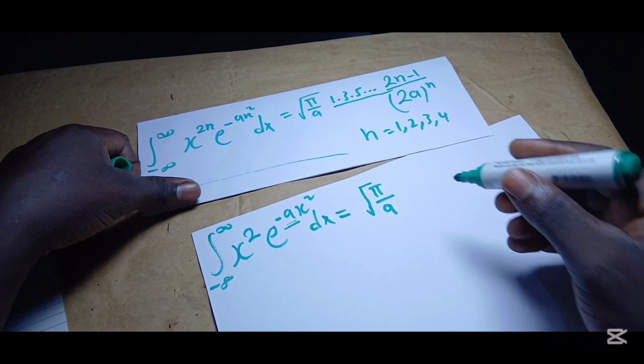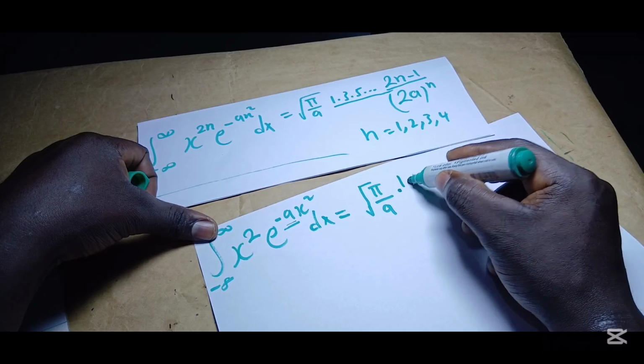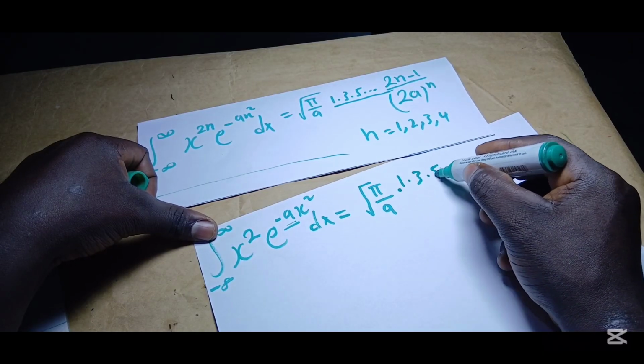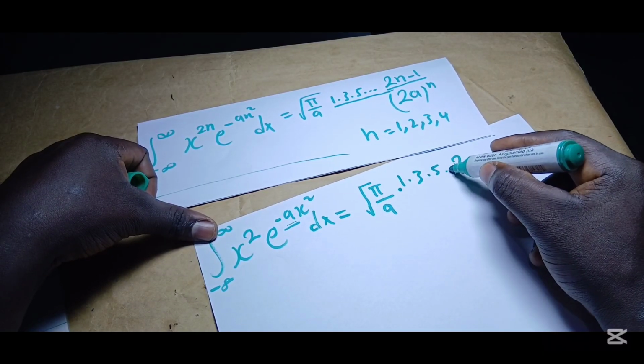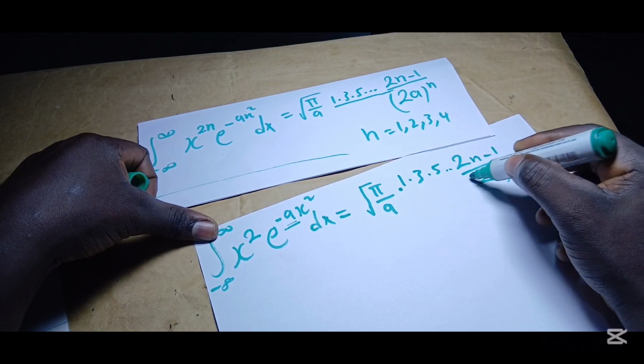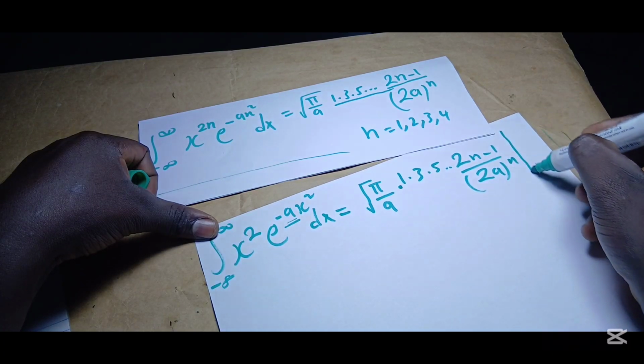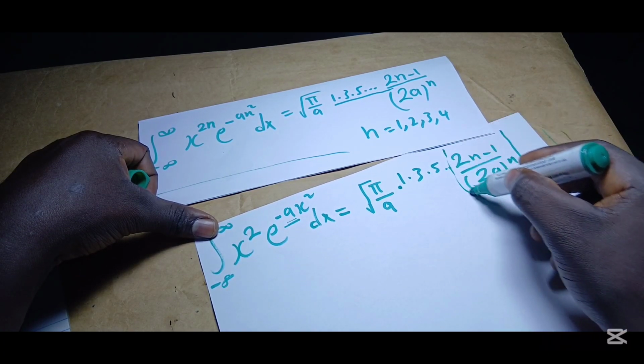Then after that, we bring in the product of odd numbers up to 2n minus 1, over 2a, all to the power n. So what we have to do now is to focus on this and evaluate it.